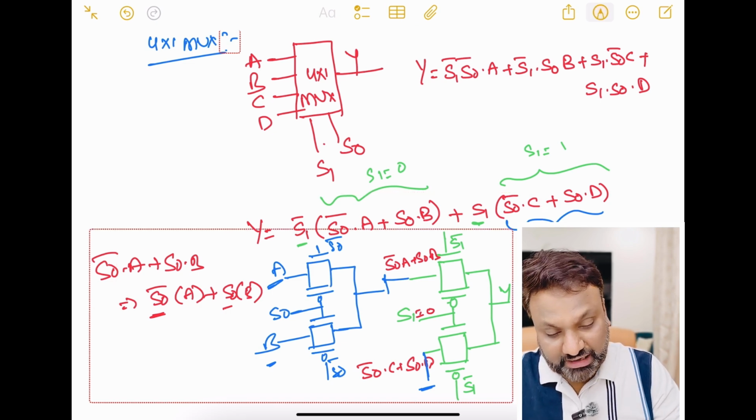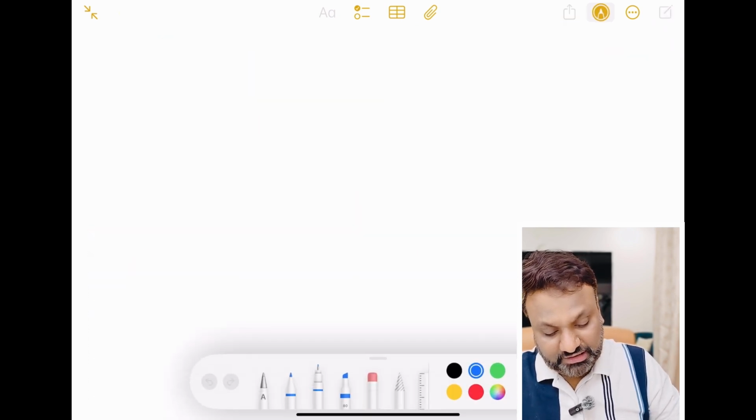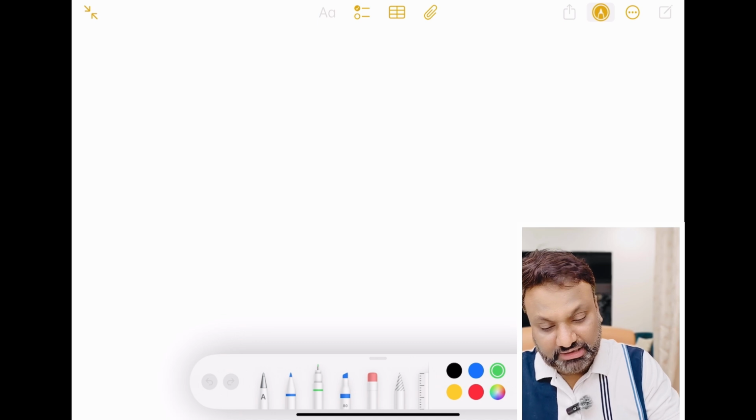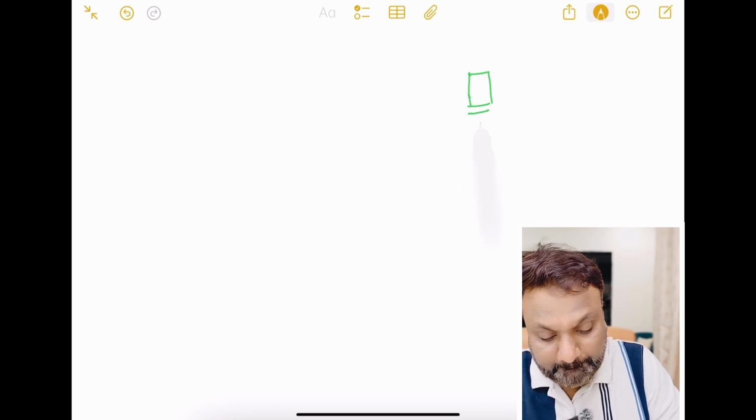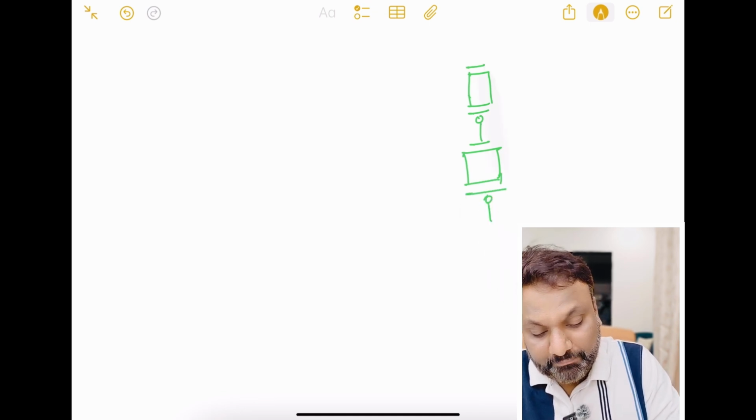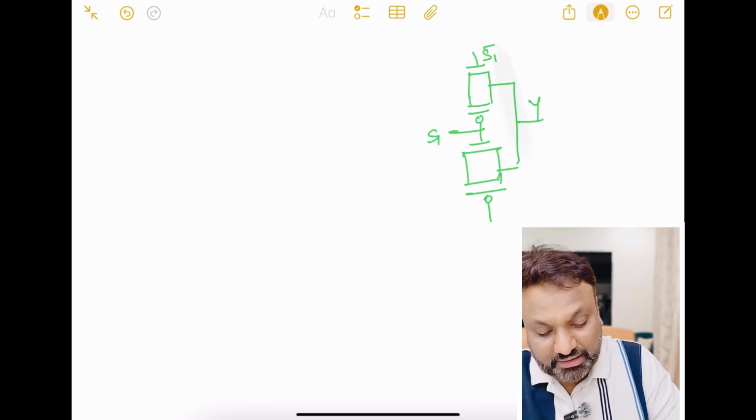So the overall diagram, let me draw once again. Here I need to make use of 3 transmission gates. This was the first one, for S1, S1 bar.